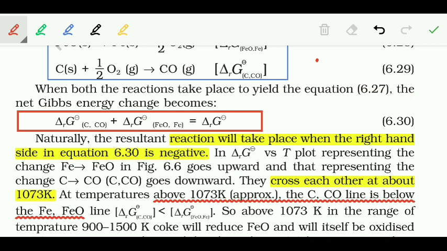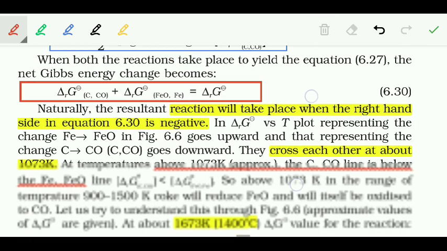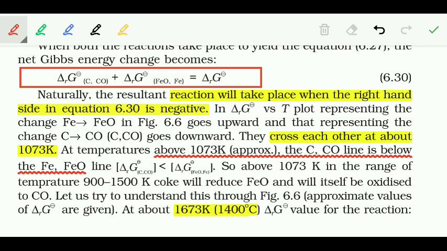The first Gibbs free energy is about carbon to carbon monoxide conversion and the second one is about ferrous oxide to iron conversion. Naturally the resultant reaction will take place when the right hand side of the equation is negative. So whenever we have a negative delta G value, the reaction will be spontaneous.